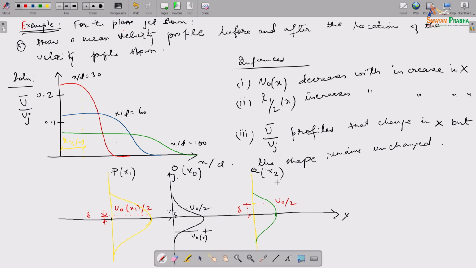Okay, so this is fine, and then this is x2, so therefore we can actually write this also.